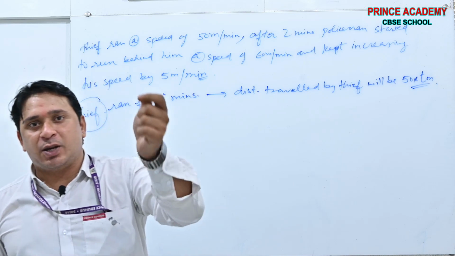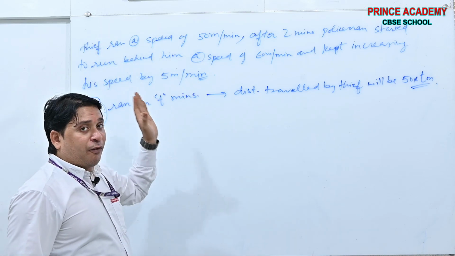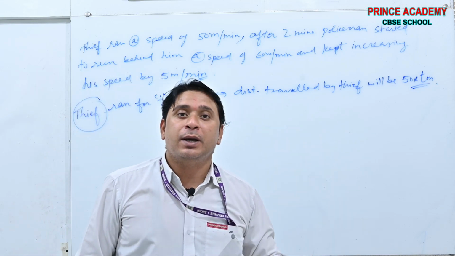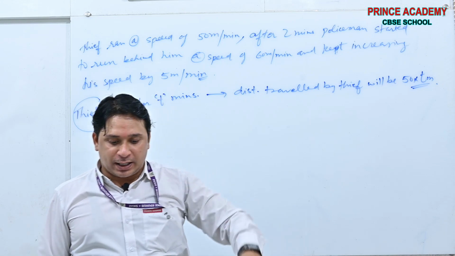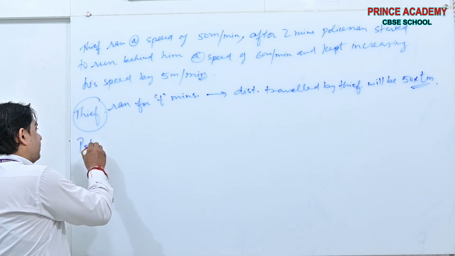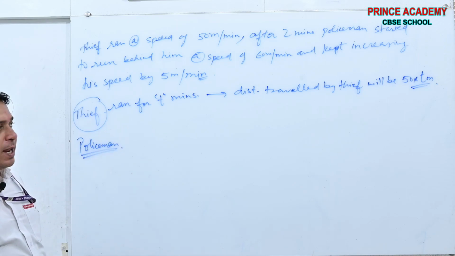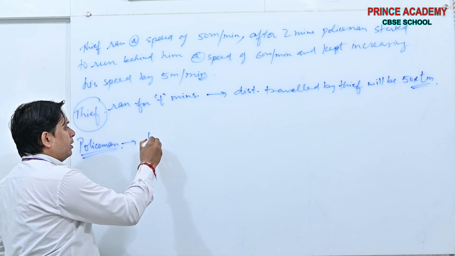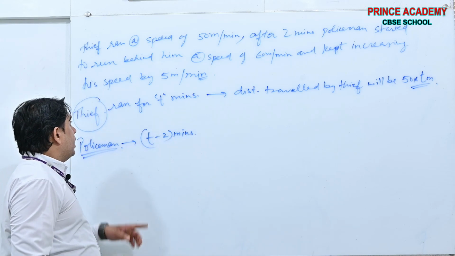Okay, then the policeman. For how much time will the policeman run? He will run for T minus 2 minutes. Why beta?